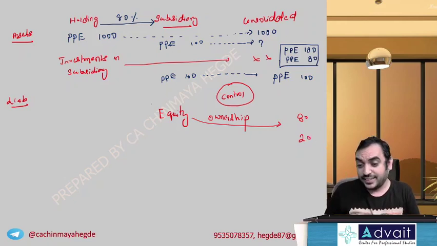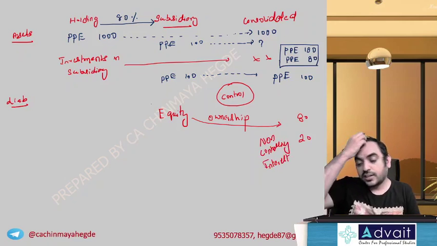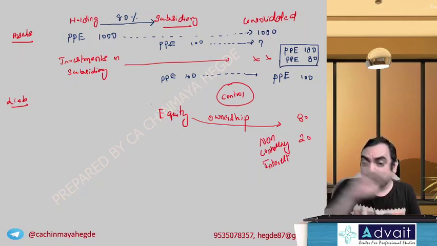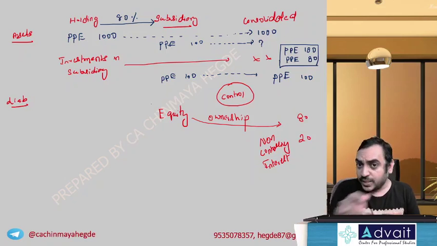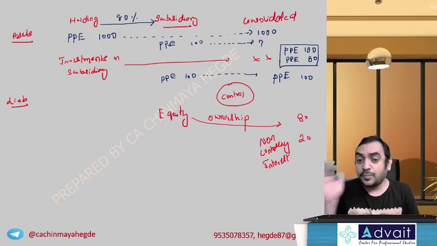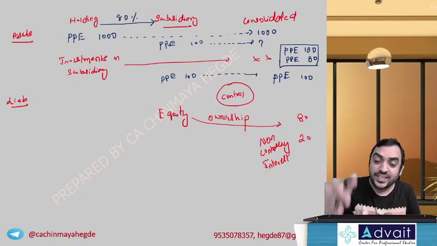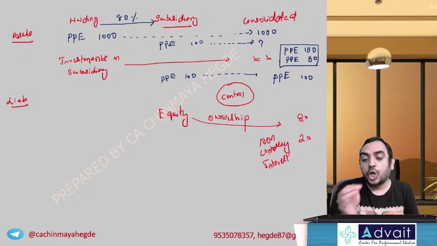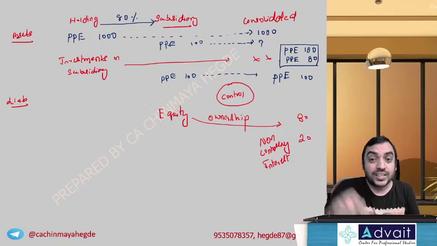That 20 is called non-controlling interest. Now asset side will come 100, liability side will come 80 and the balance 20 will come as an additional item by way of non-controlling interest because holding company doesn't own it but controls it.